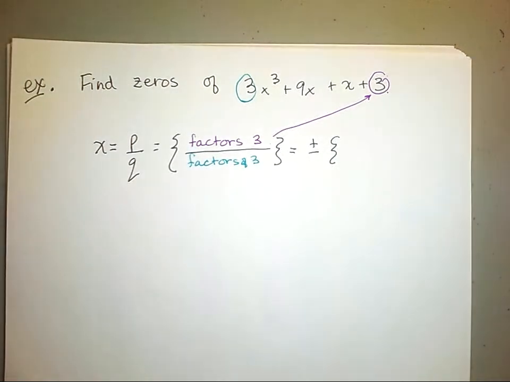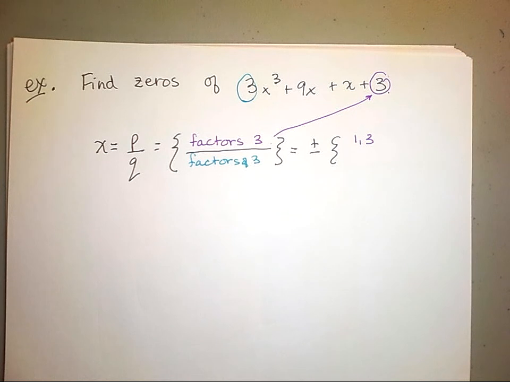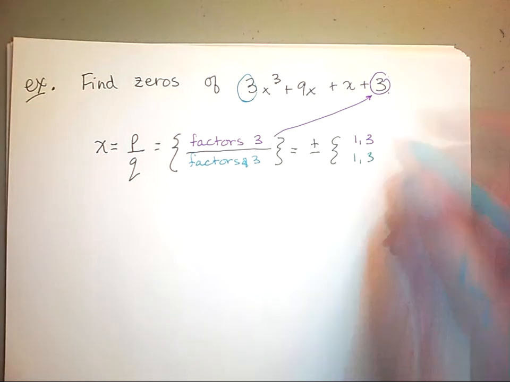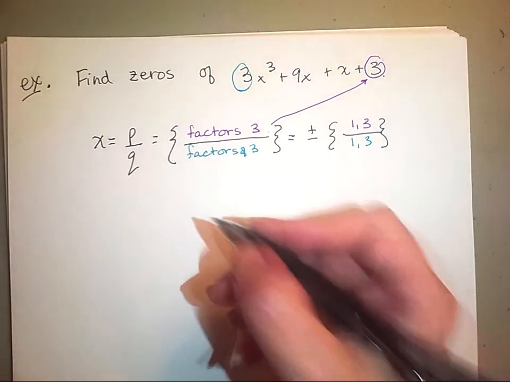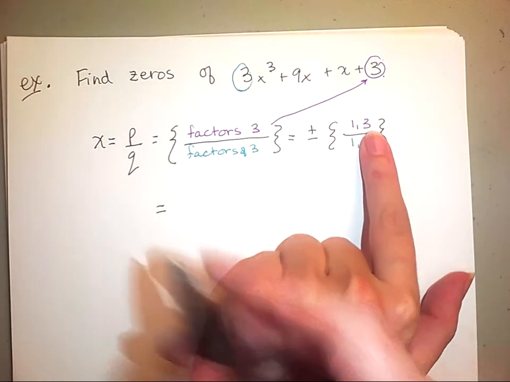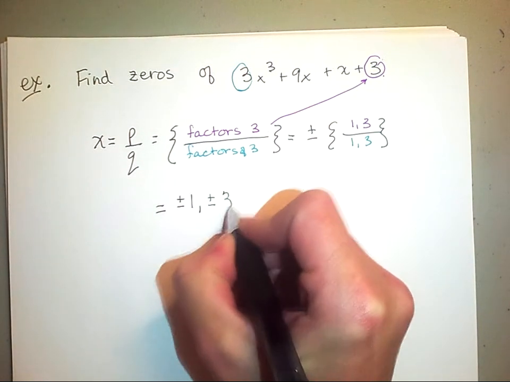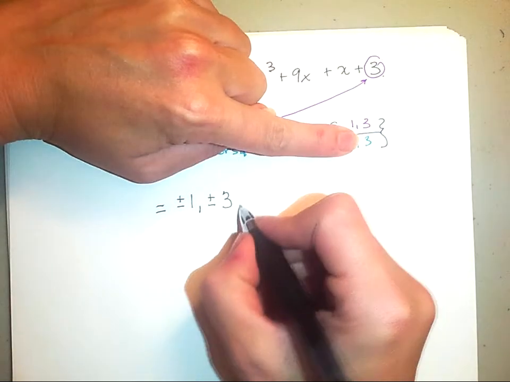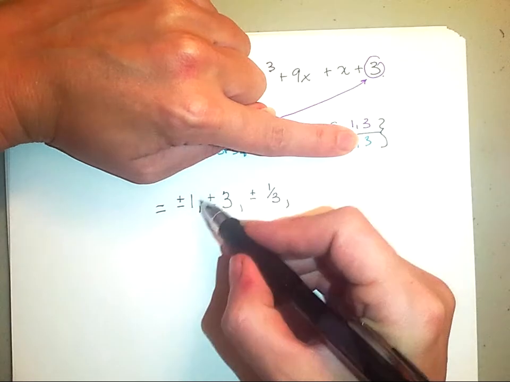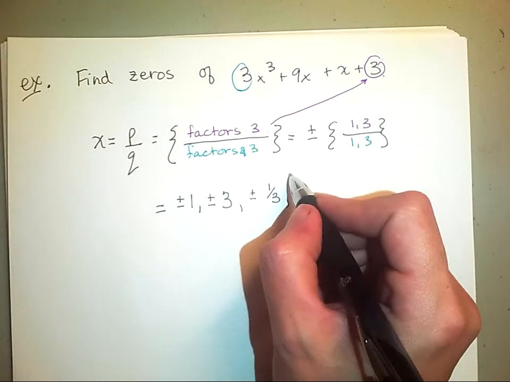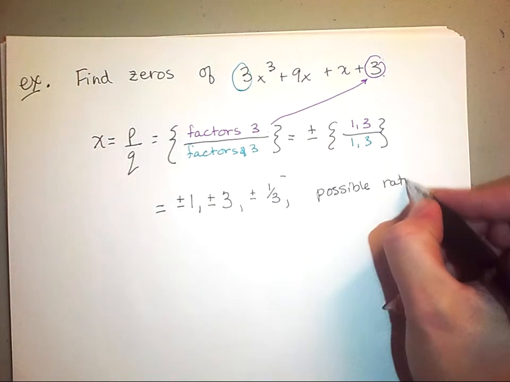The factors of 3 are 1 and 3. The division of those: dividing by 1 first, plus or minus 1, or plus or minus 3. Now dividing by 3, plus or minus 1/3, or plus or minus 3 over 3, which is 1, which is already represented. So these are our possible rational zeros.